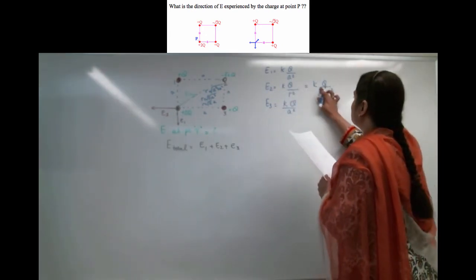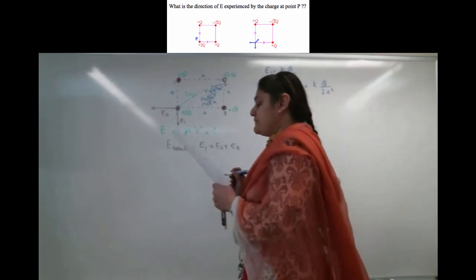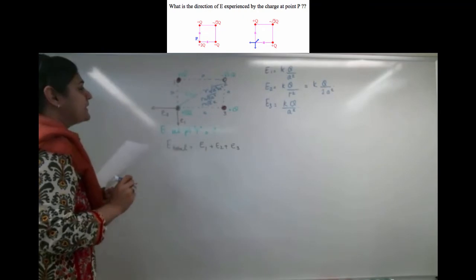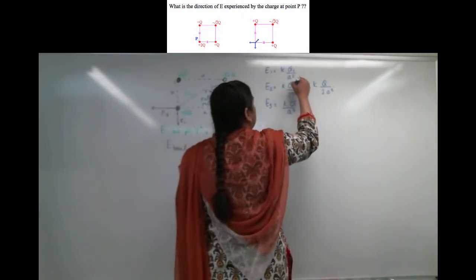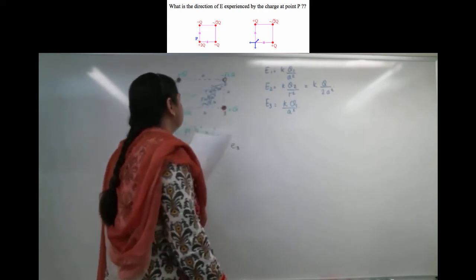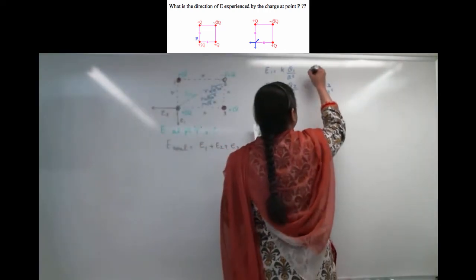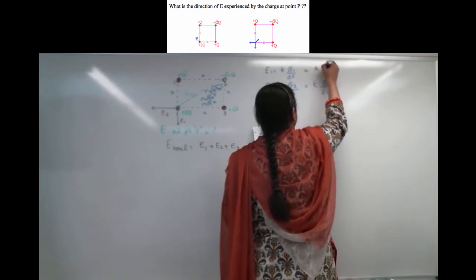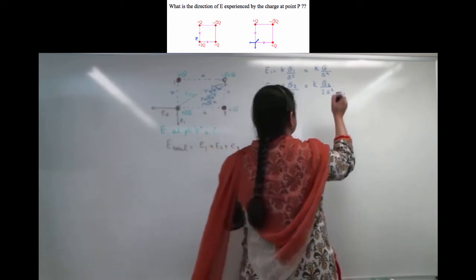Actually, I get 2A squared, right? That makes my life a little bit easier. Now, what is Q1? Q1 is just plus Q. Sorry, I should have probably written that. So this would be KQ over A squared. What is Q2?